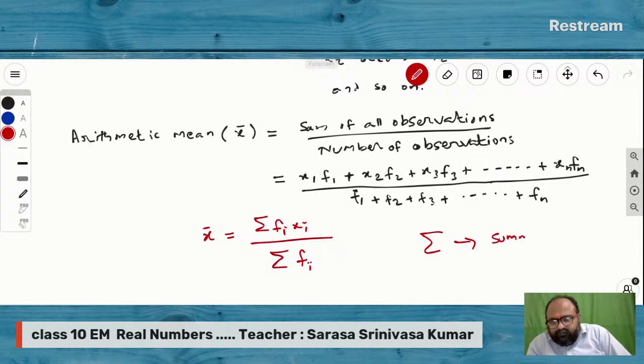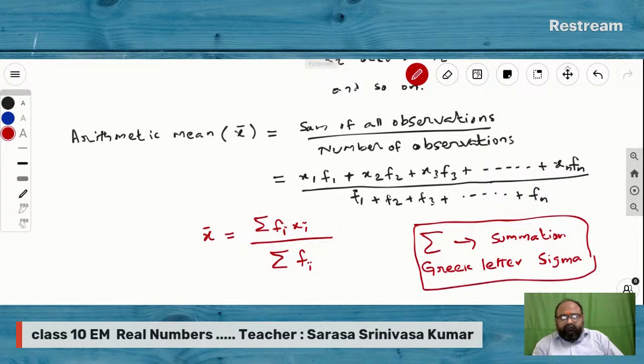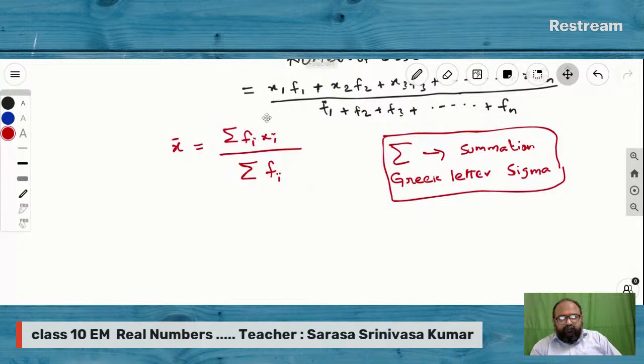This is a Greek letter, sigma. So this is about the symbol. If we use this symbol, that implies that we are using the addition of all the values, that is the summation of all the values.